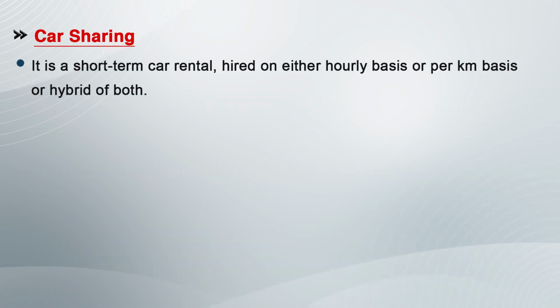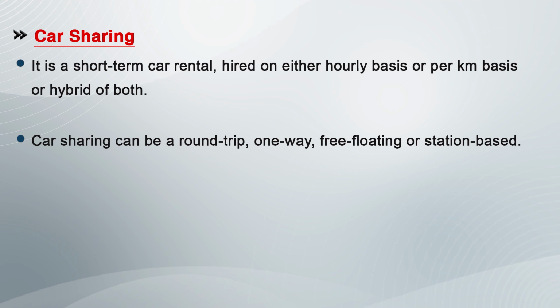Car sharing. The car sharing concept works similar to bike sharing, but it is preferred for longer distances. It is a short-term car rental hired on an hourly basis, per kilometer basis, or a hybrid of both. Car sharing can be round trip, meaning your customer is required to return the vehicle to the original pickup station after use.